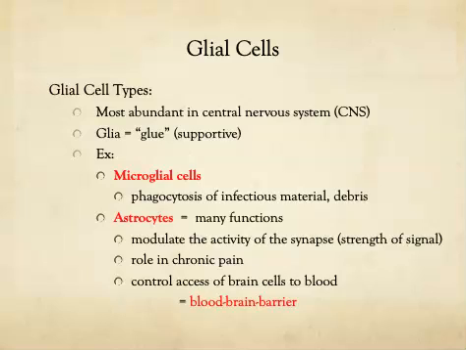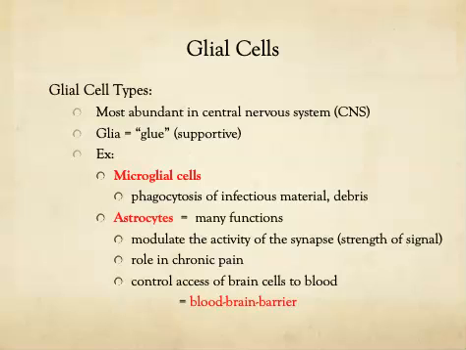So they are capable of performing phagocytosis and taking in and destroying any type of material that does not belong in the nervous system. So infectious cells, infectious particles, and also any kind of debris that is foreign and doesn't belong there. The microglial cells will take it in through phagocytosis and dismantle it.